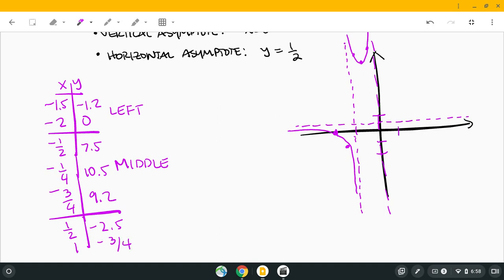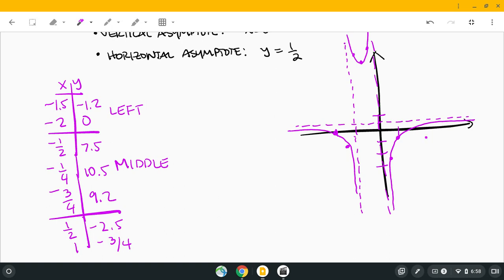So it looks like we're doing this. All right. Excellent.